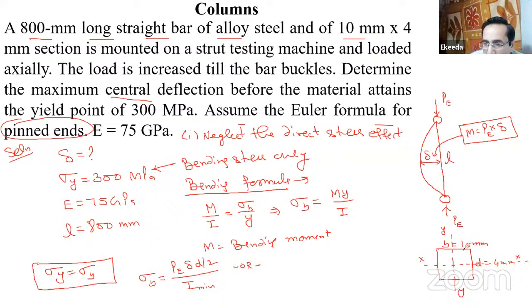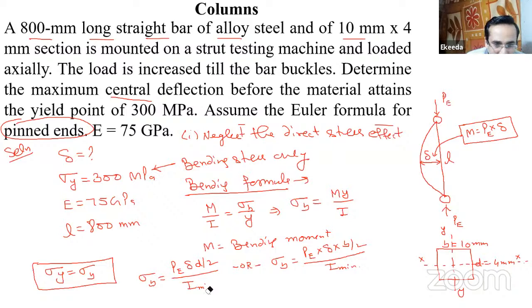Or it is possible that the failure takes place due to y axis. In that case, this sigma b will be equal to PE multiplied by delta, this is the bending moment, multiplied by b by 2 divided by I minimum, right? It depends upon about which axis the failure takes place, right?